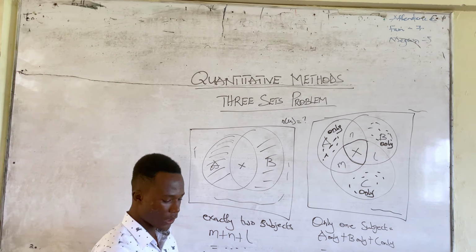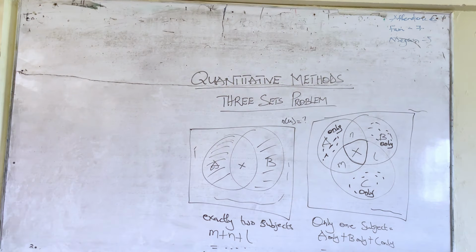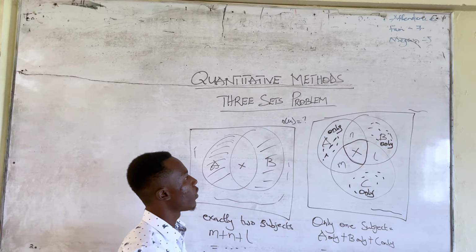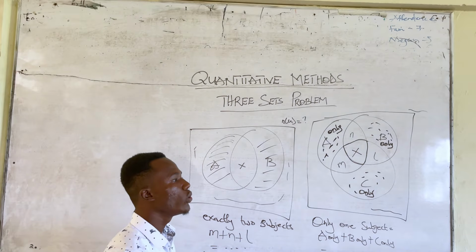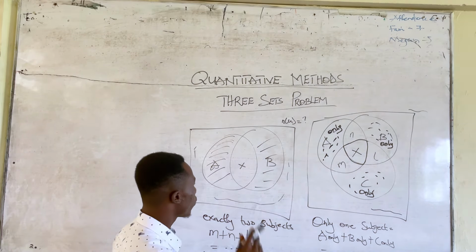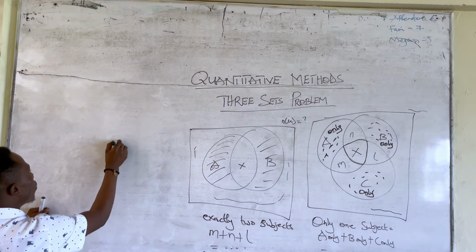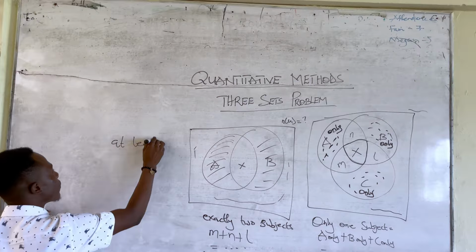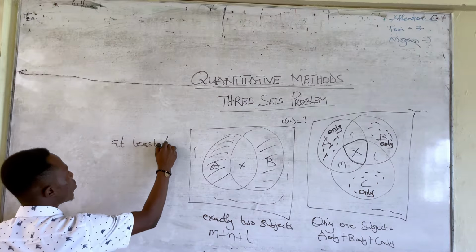And now another question that can also appear in the examination is they can ask you to calculate the number of students who studied at least two subjects. The word here is at least. So at least two subjects.